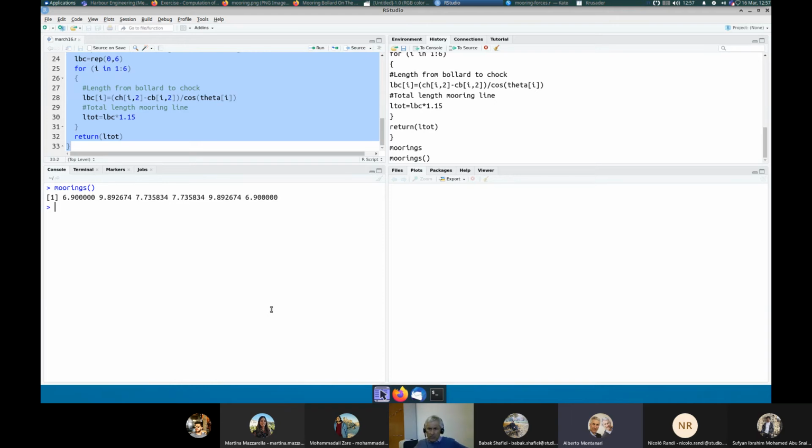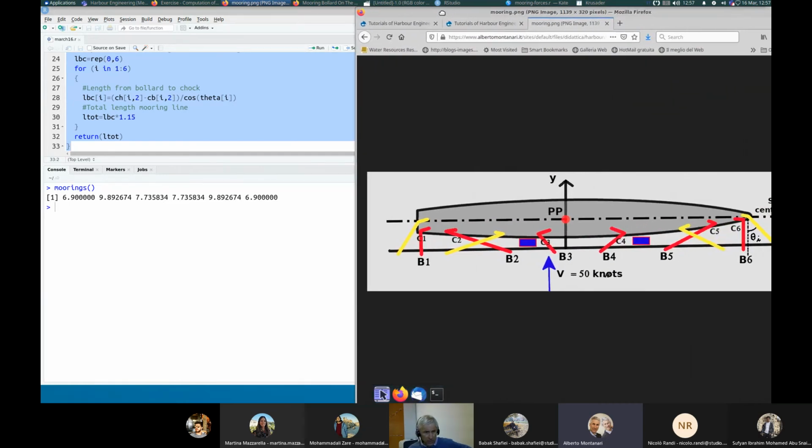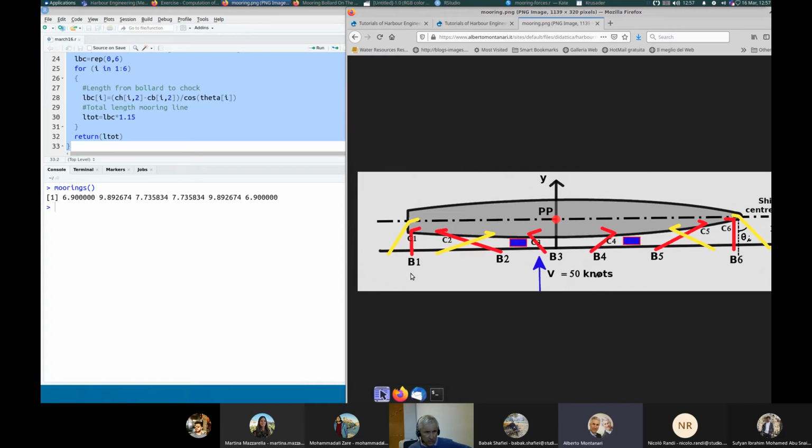And I may check if, let me get the figure back, let's check if this is consistent. So let's take this figure. And what I am expecting here is that the first mooring line, B1, C1, is shorter than the second. And the third should be, I'm not sure, it should be shorter than the second. I'm not sure with respect to the first. So let's look at the numbers. The first is 6.90.